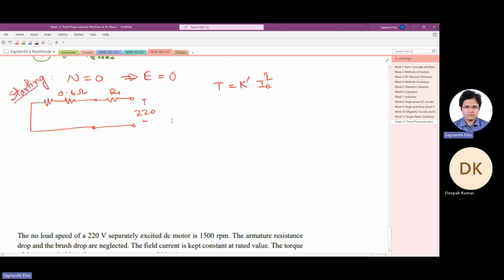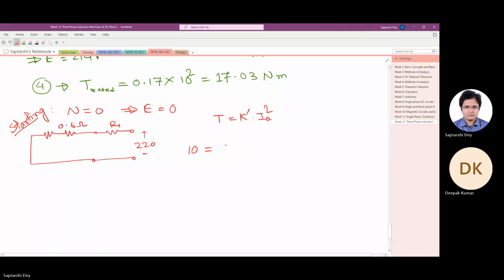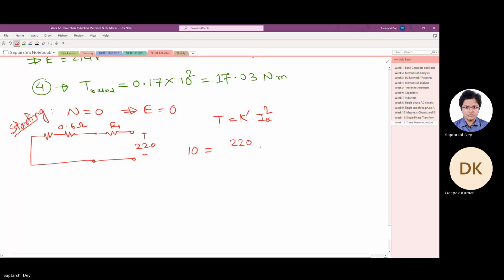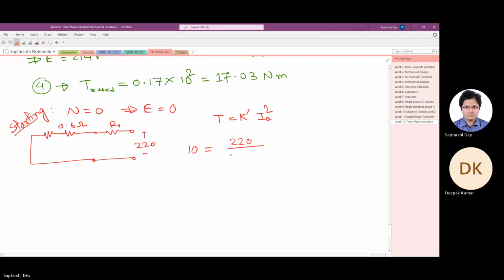So 10 ampere current must flow when, just a second here, 220 by R1 plus 0.6. Or you can find out the torque also, but you need not, because this equation tells us that K prime is a constant.